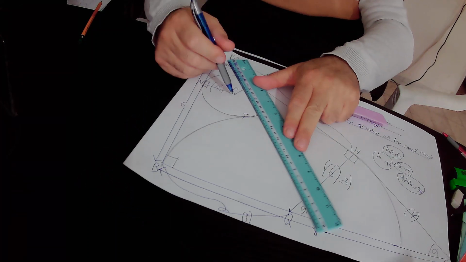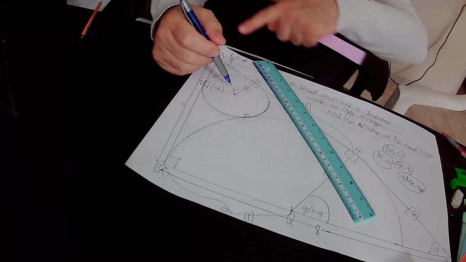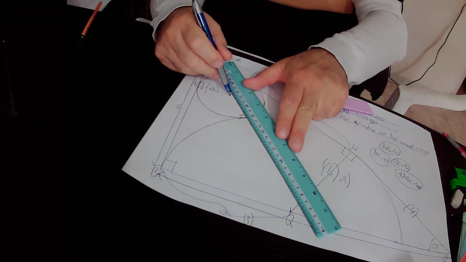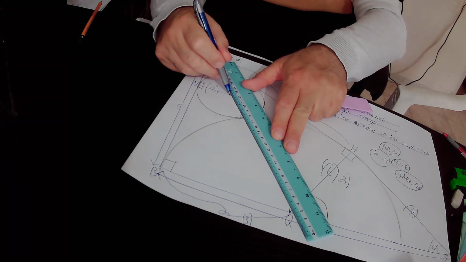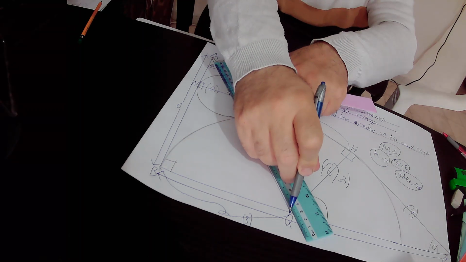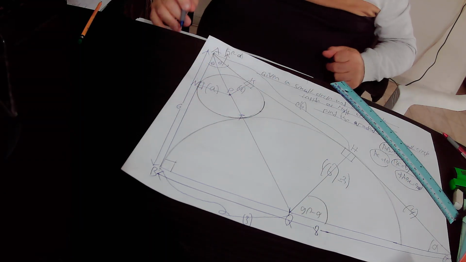So, I will draw the angle bisector AQ of angle A. The angle bisector AQ, of course, passes through point Q, that is the center of the big semicircle.